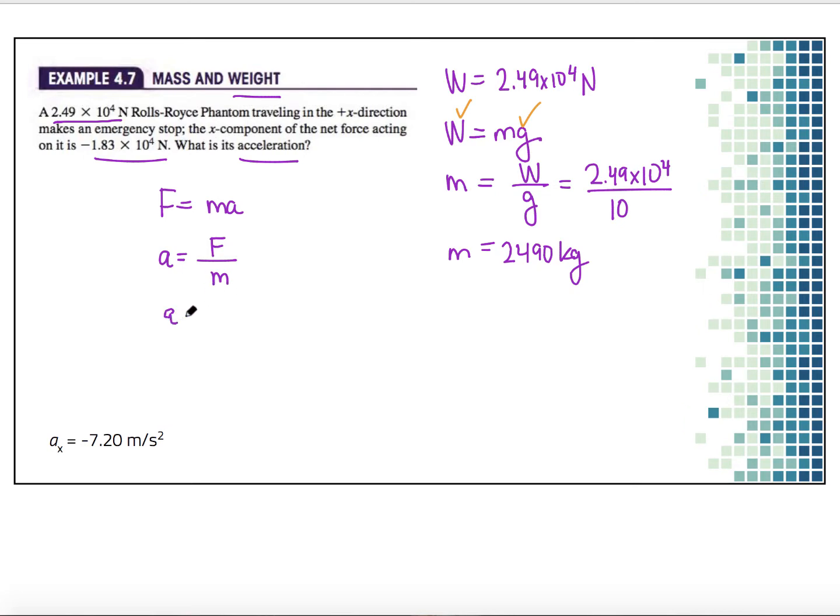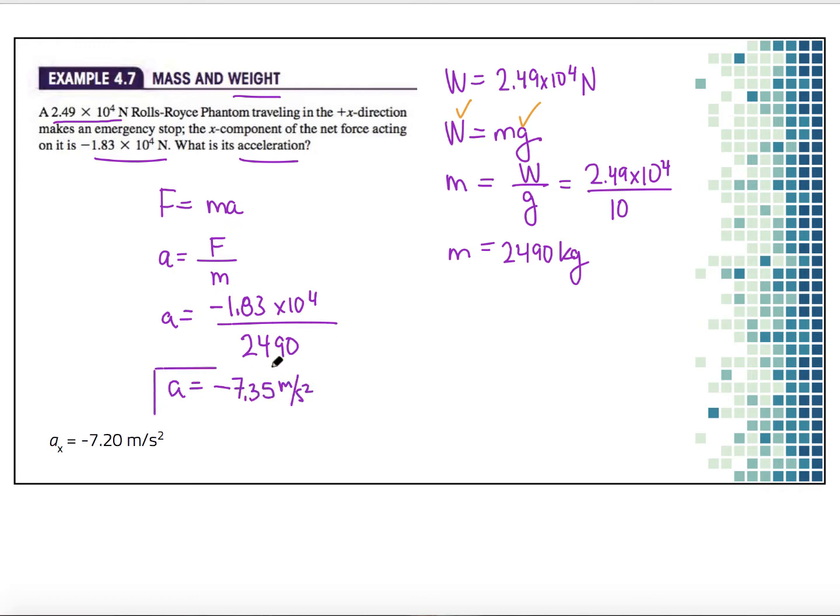So we know the force. It was given to be negative 1.83 times 10 to the fourth power. And we're going to divide that by the mass that we just found by using our formula for weight. If we do that, we find that our acceleration in this case would be negative 7.35.